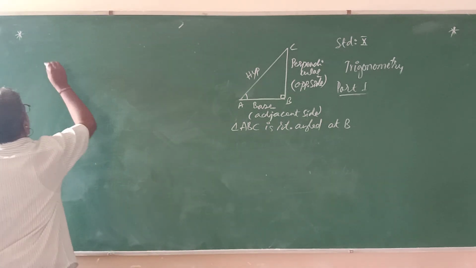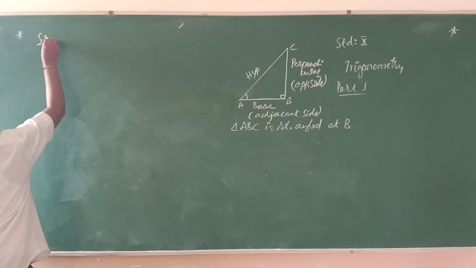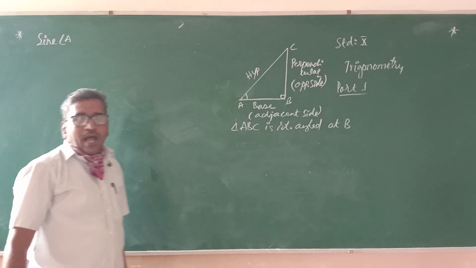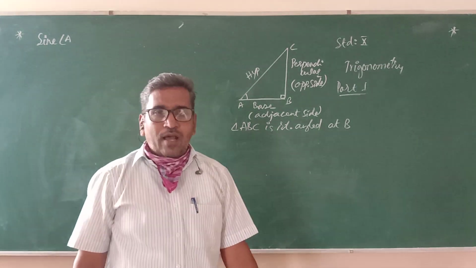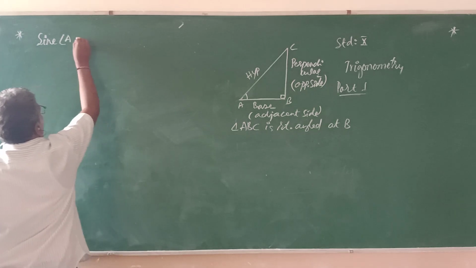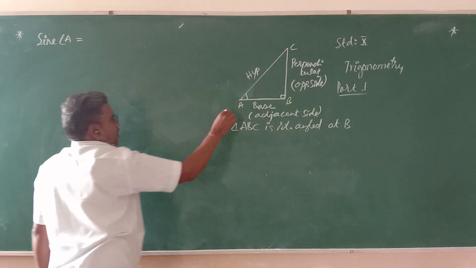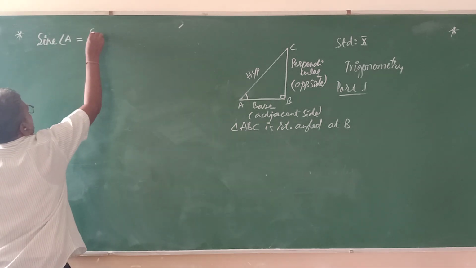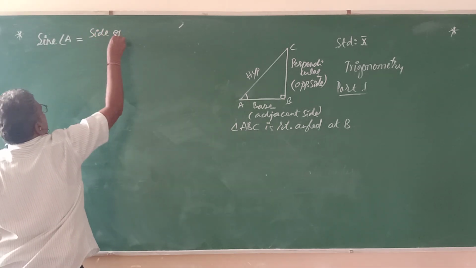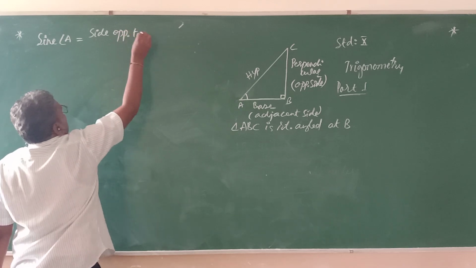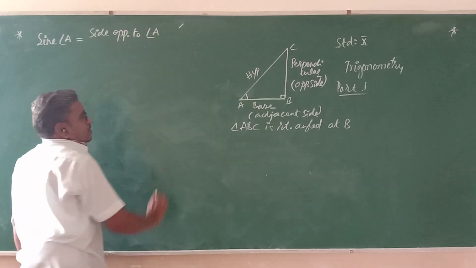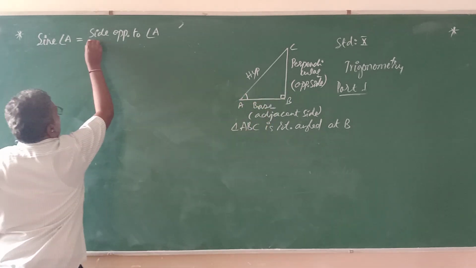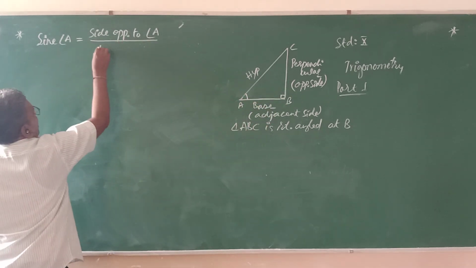So sine of angle A is defined as the side opposite to angle A divided by hypotenuse.